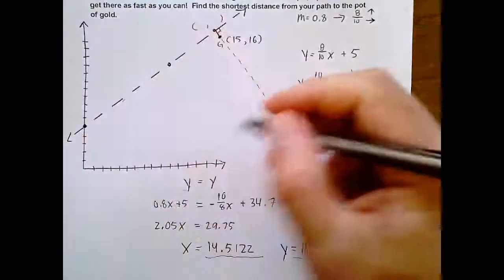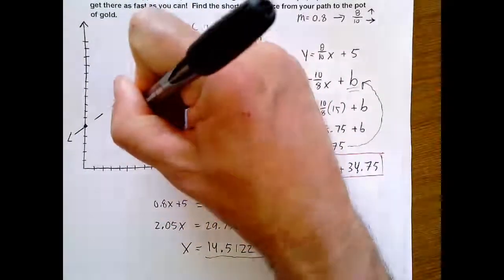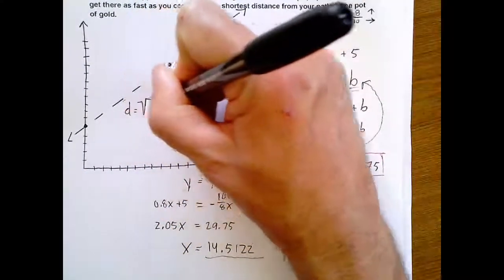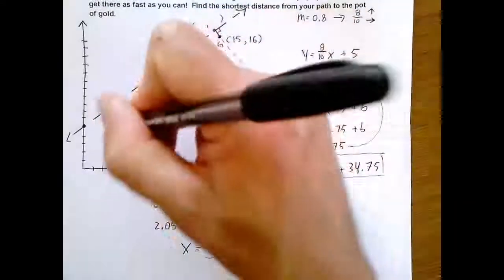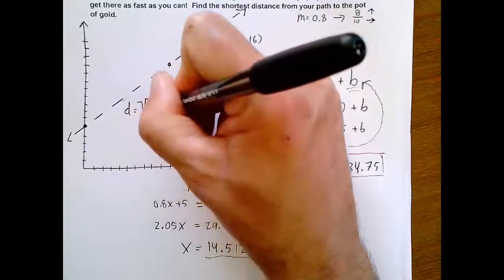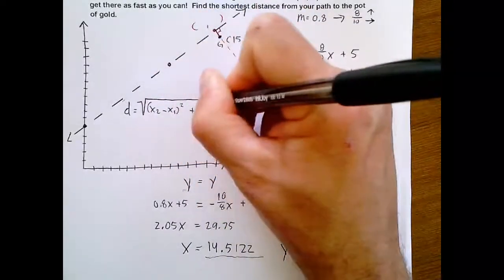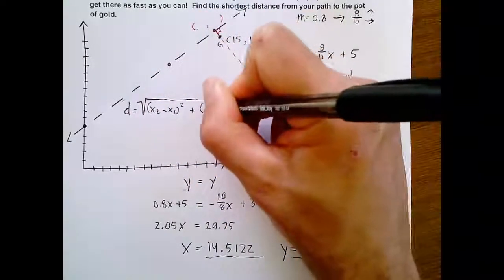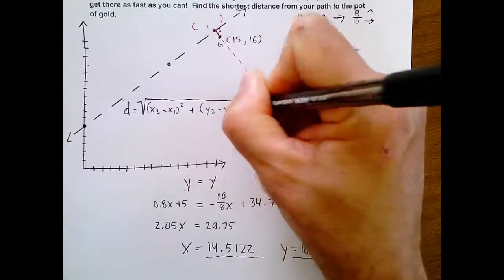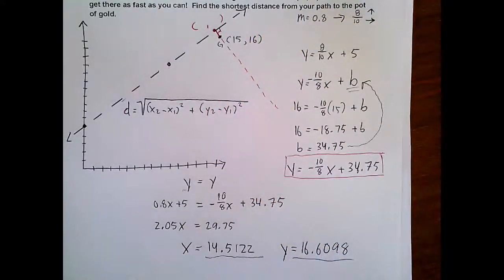We take the square root of x sub 2 minus x sub 1, squared, plus y sub 2 minus y sub 1, squared. We just plug that in, and we should be fine.